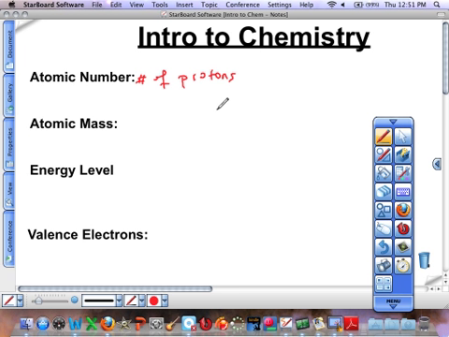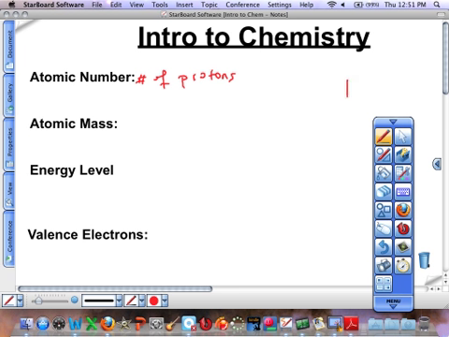So you guys look at your periodic table, the big number that stands out. For example, if we look at boron, what's the big number for boron that stands out to your eye? Boron's in the third column. 5. So let's do boron for this.